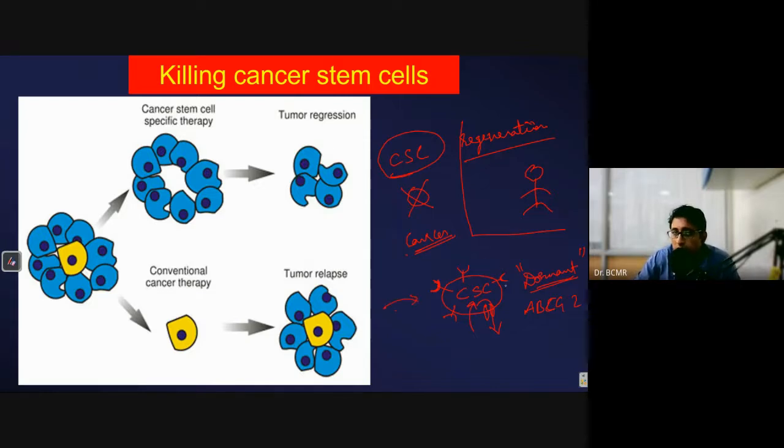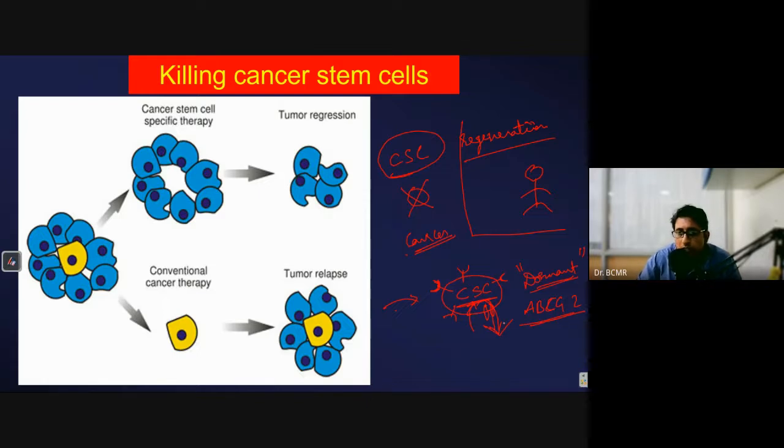Because of dormancy, they are also resistant to radiotherapy and so on. And maybe there are many other mechanisms because of which these cancer stem cells remain quiescent, or efflux pumps pushing out the drugs that we are putting.